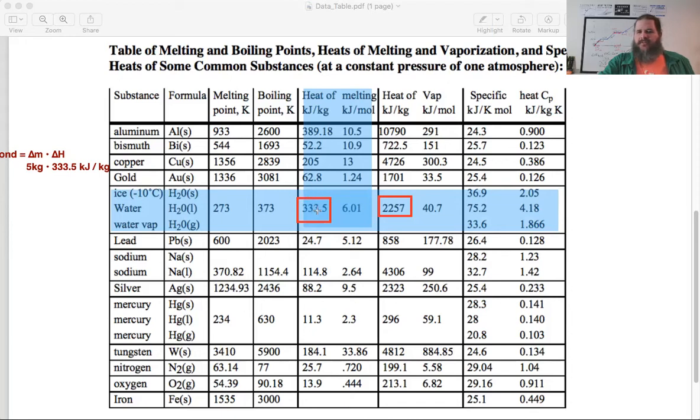And by the way, in terms of just the amount of these, like 333.5 versus 2,257, the heat of vaporization is a much larger value. What does that suggest? What does it mean if the heat of vaporization is much larger than the heat of melting?